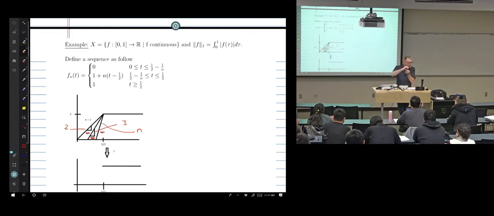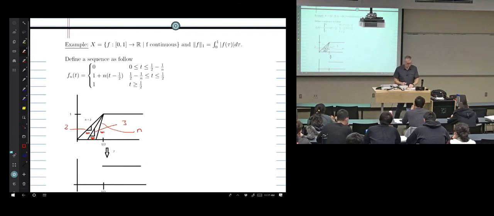Well, what if I just make the space a little bit bigger and start throwing in those limit points? And then I'm a good mathematician and I characterize what I get when I throw in the limit points. Then all my Cauchy sequences will have limits. That's where we're going right now.